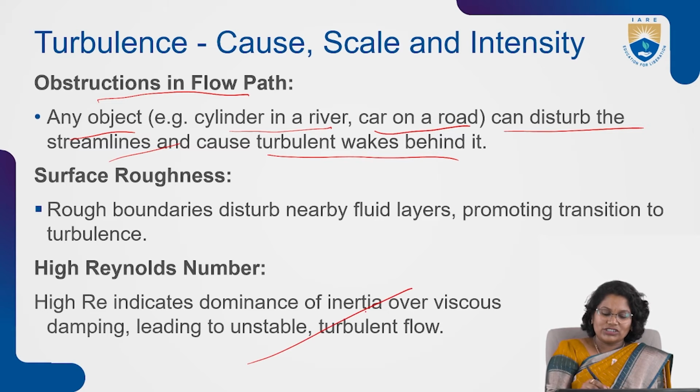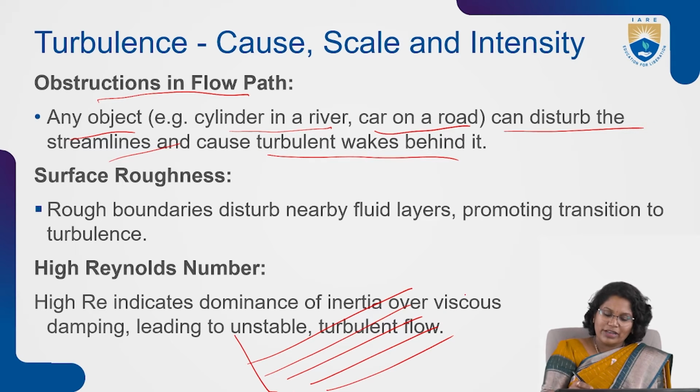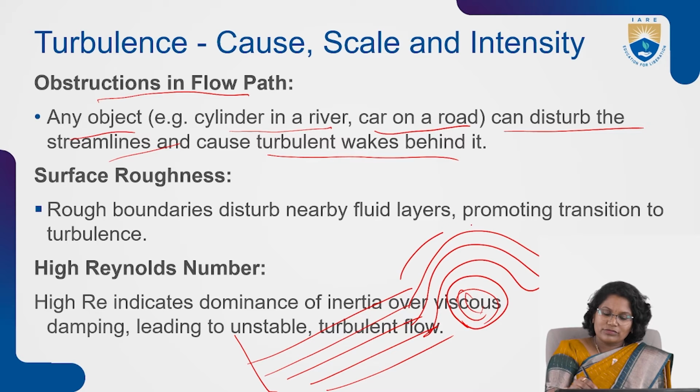If the flow is moving in laminar streamlines and there are any disturbances in the flow, it starts changing its position. This also will create turbulence. This is what obstructions in the path of flow are.